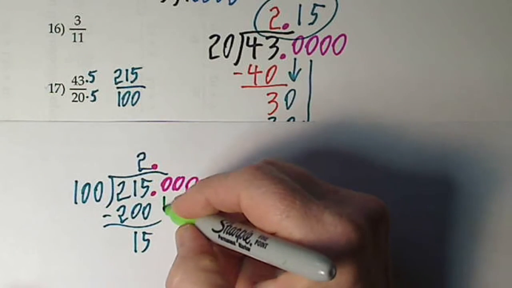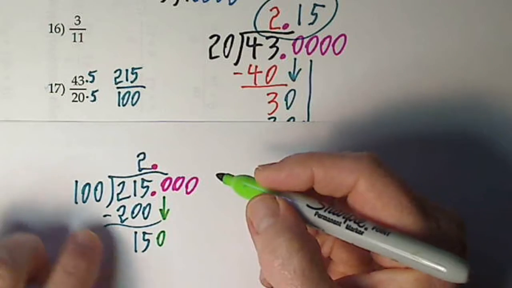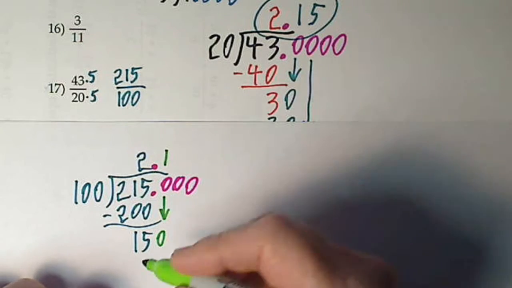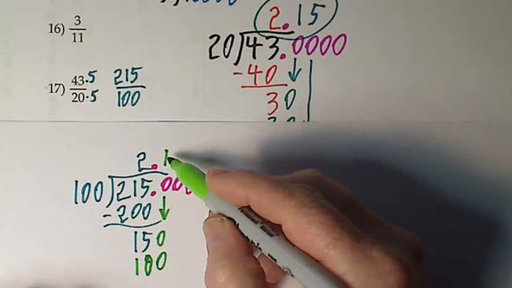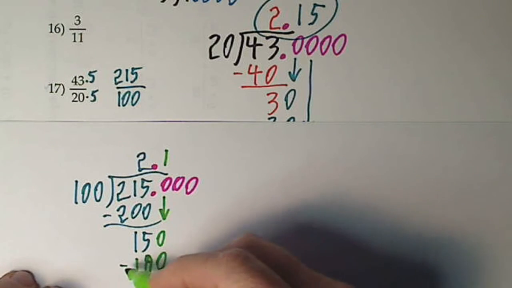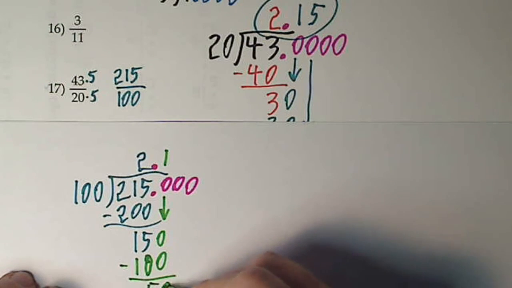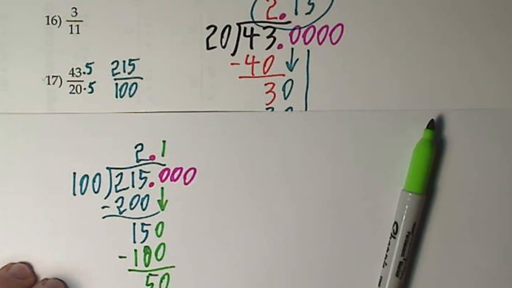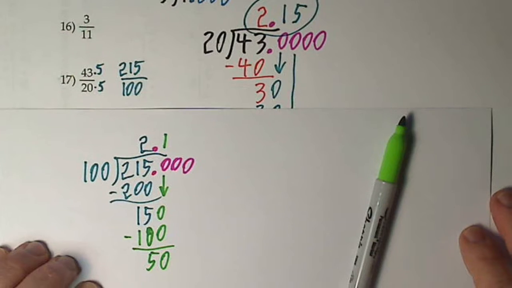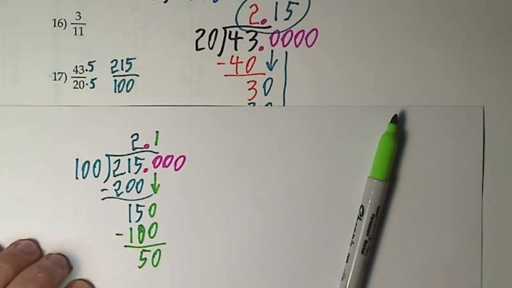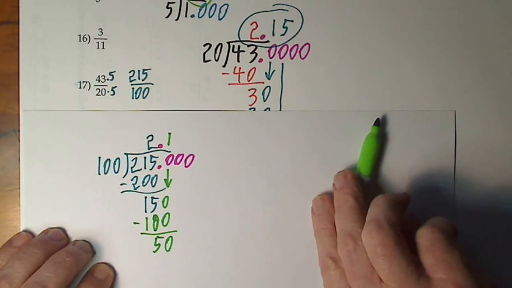Then I continue on my way. Bring down a 0. 100 goes into 150 one time. Oops, better make that a 0. 1 times 100 is 100. And then we're left with 50. I'm moving on. I'm going to zoom out again. This is about to clean up. I just want everything to fit on here, though. There we go.